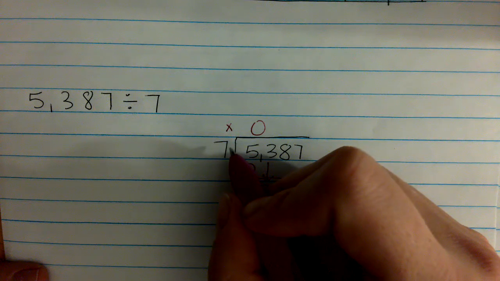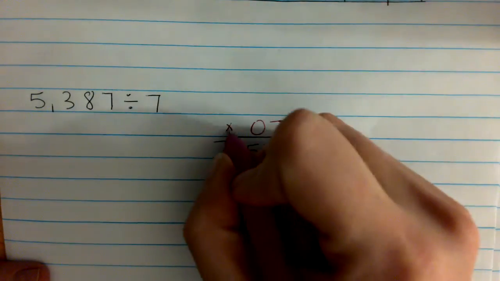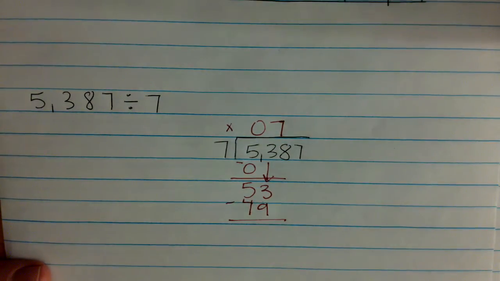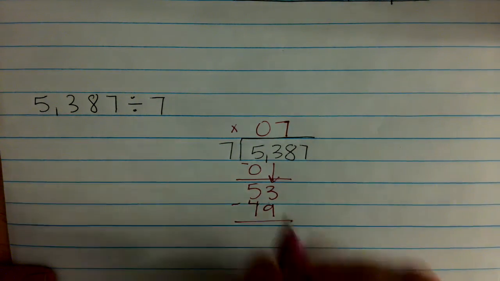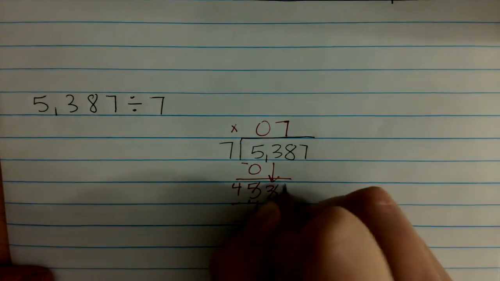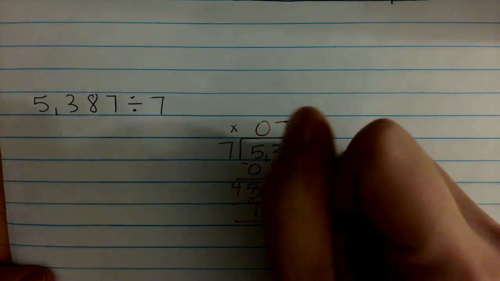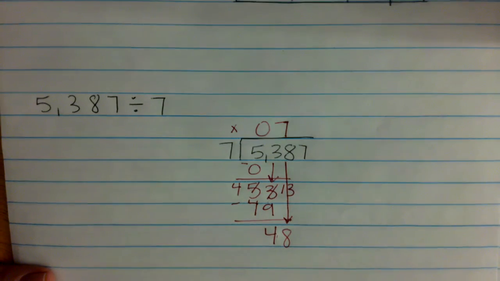So 7 goes into 53 7 times. So 7 times 7 is 49. So I'm going to subtract 49 from 53. Right? That leaves me with 4. So I'm going to bring down my 8. Can 7 go into 48?